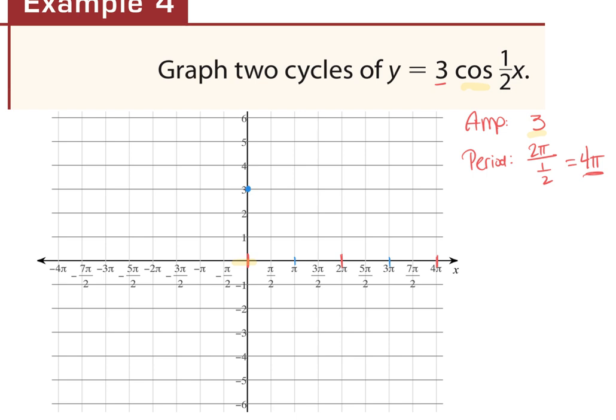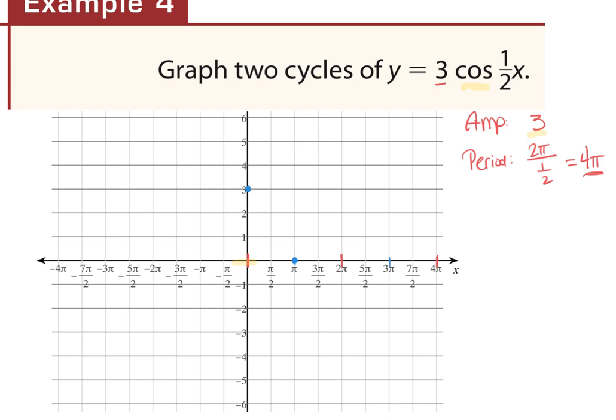At my first quarter for a cosine, I am back at my middle, so I'm going to put a mark right on the x-axis. This is why it's important to know these quarters. At the halfway point for a cosine, I am at my lowest point. My amplitude also tells me my lowest point.